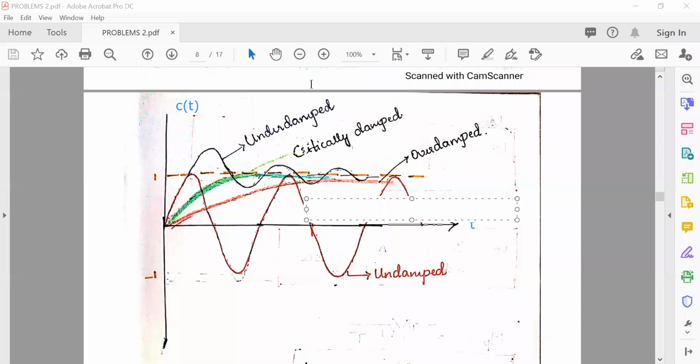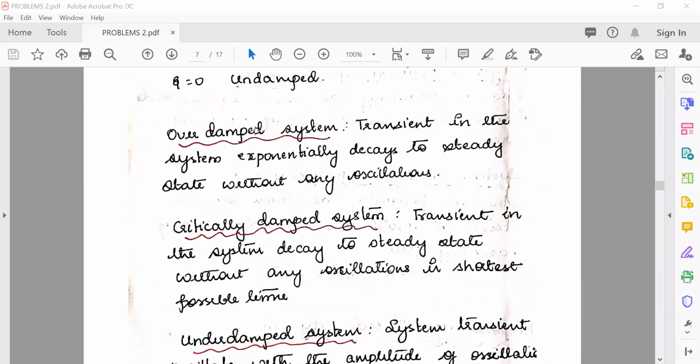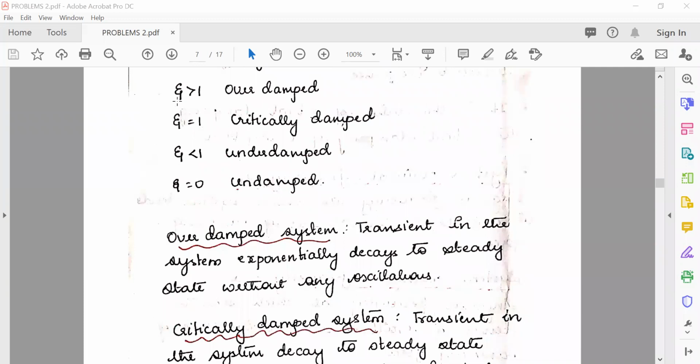And for this one, what is the condition for overdamped? When zeta is greater than 1, it has more damping factor. The system, without oscillating, will try to reach its final value. More damping means it will not allow the system to oscillate; quickly it will try to settle down.